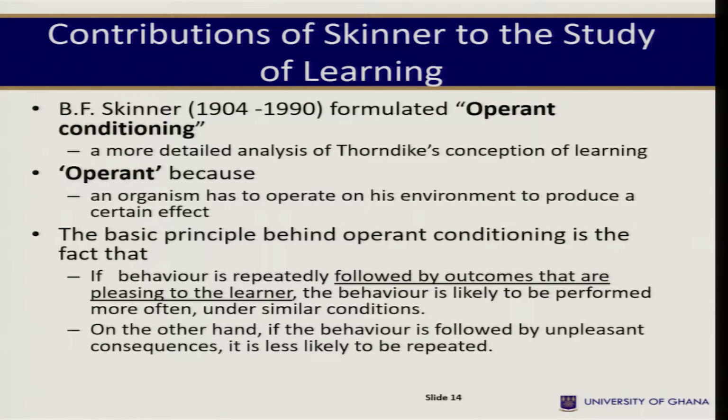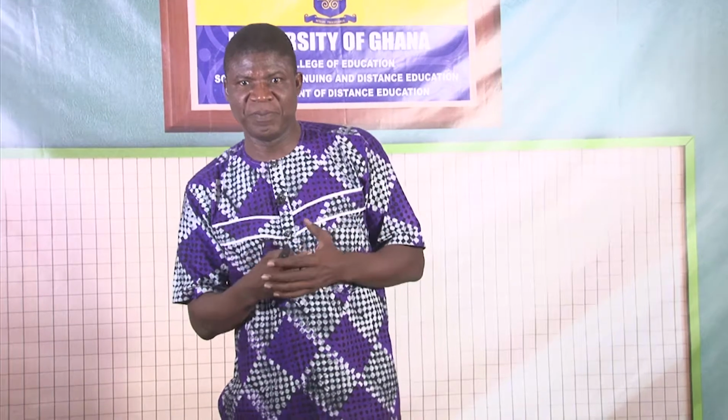That is, if behavior is repeatedly followed by outcomes that are pleasing to the learner, the behavior is likely to be performed more often under similar conditions. On the other hand, if the behavior is followed by unpleasant consequences, it is less likely to be repeated.